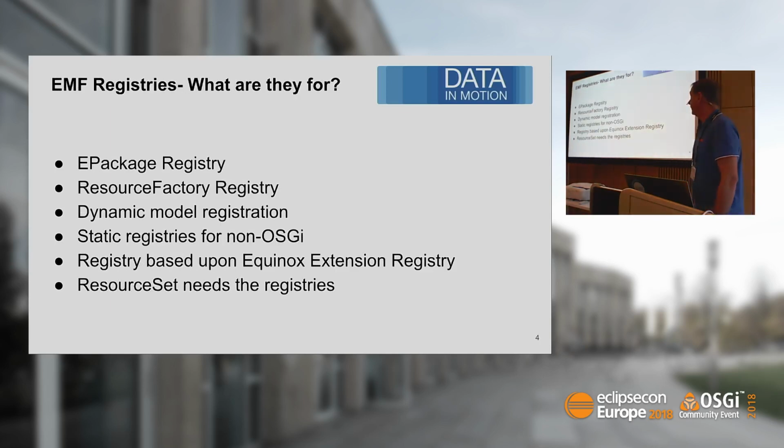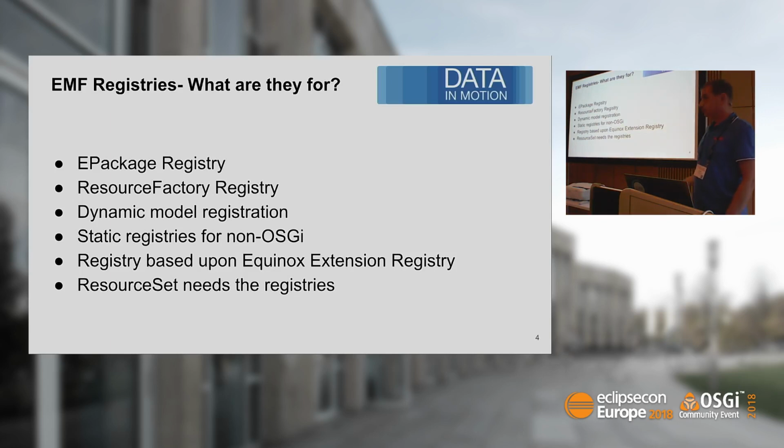So, EMF registries, what are they for? I think you all know the registries. There are two kinds, the ePackage registry and the ResourceSetFactory registry. These are the major two. There are many others, but we are mostly interested in these.